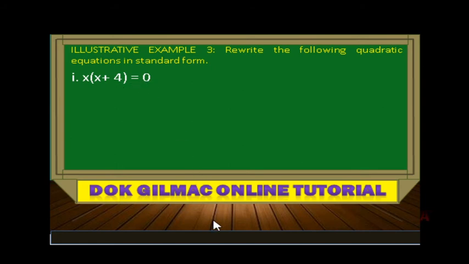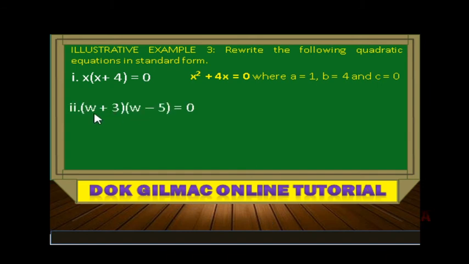So from here, we have x squared plus 4x equals 0, where a equals 1, b equals 4, and c equals 0. So from here, we can say that this given quadratic equation is now in standard form.